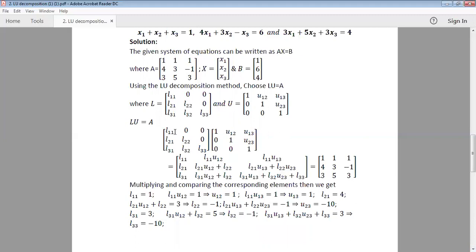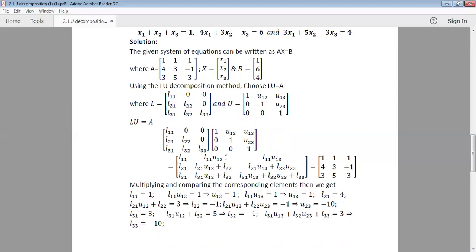So we already know how to multiply matrices. First row into first column gives L11. First row into second column gives L11 U12. First row into third column gives L11 U13. Now take second row and first column: L21 into 1 plus L22 into 0 plus 0 into 0, which is L21.